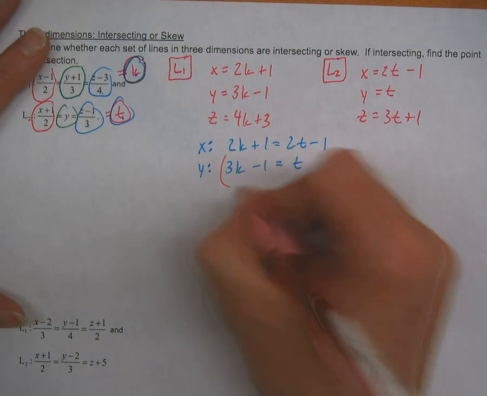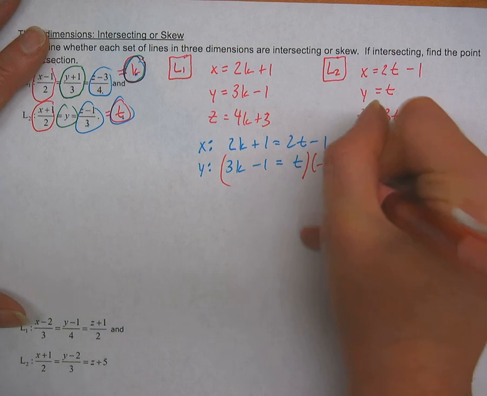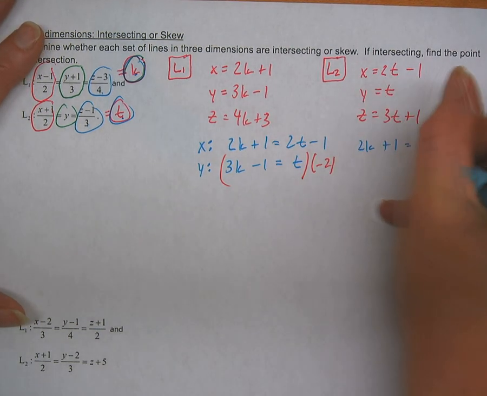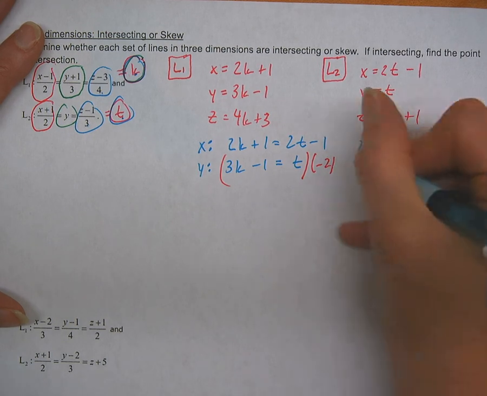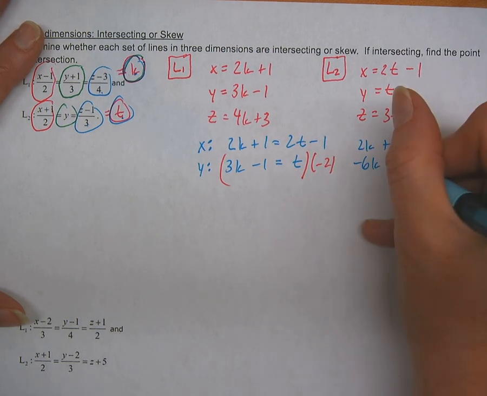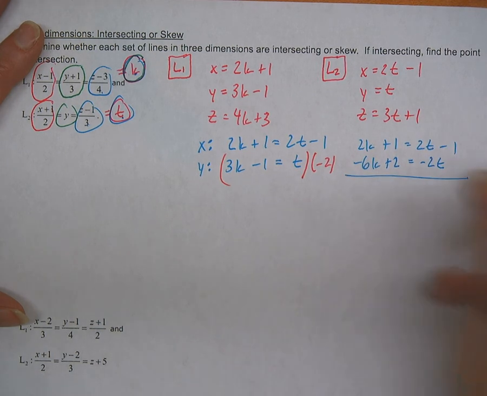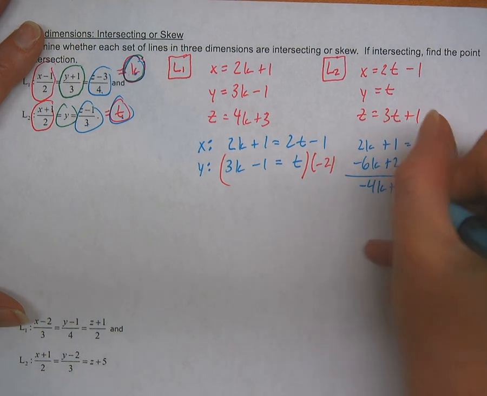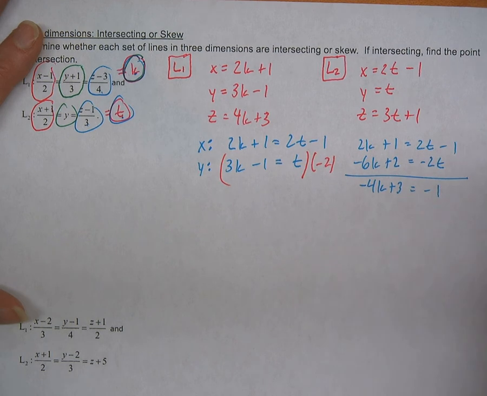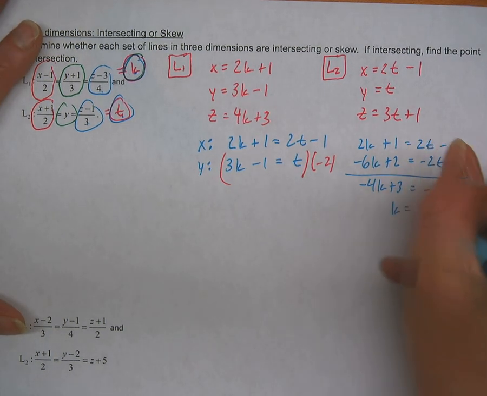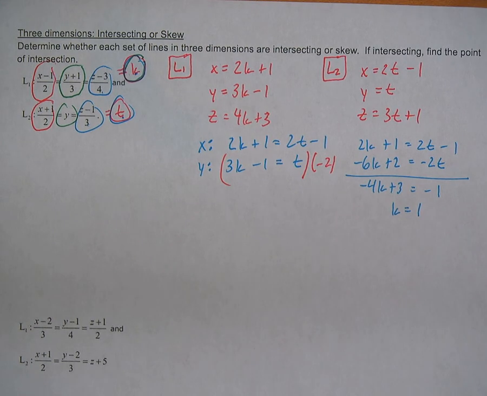I'm going to multiply this by negative 2 so that the t's will cancel. So I get negative 6k plus 2 equals negative 2t. So I'll have negative 4k plus 3 equals negative 1. Subtract the 3 over and divide by negative 4, so k equals 1.